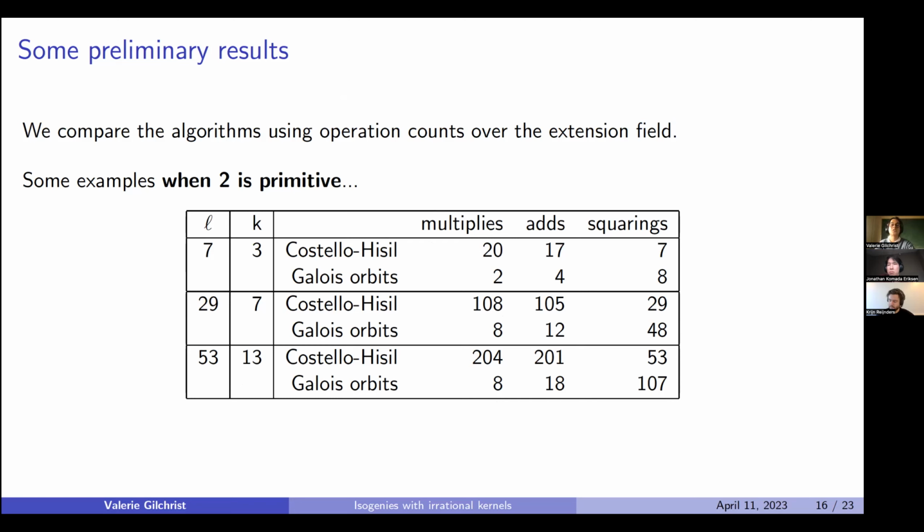Also worth noting, this is for K bigger than 1. When K is smaller than 1, it's still similar patterns, but not to the same extreme. And also 2 is primitive, so we're using this doubling trick each time.